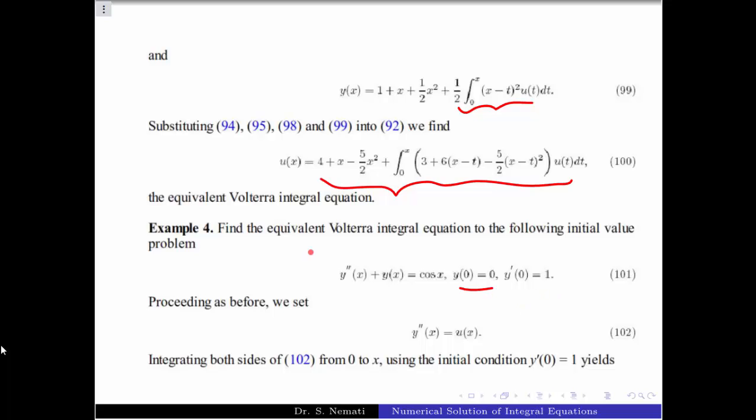Using the same procedure, we set the second order derivative of y equals u and take integral from both sides.